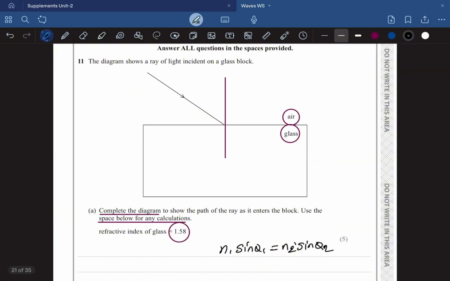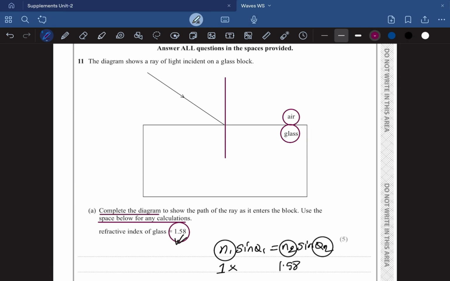And we know our n2 value is 1.58, and we just need to figure out this theta value, and our n1 is the refractive index of air, which is 1, times sin theta 1.